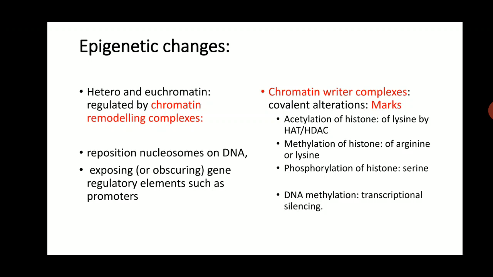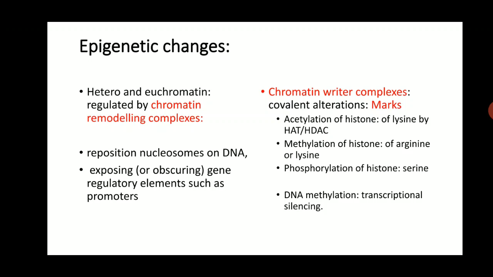Chromatin writer complexes, these are enzymes which lead to chemical modification within the histone. Such chemical modifications are known as marks. The chemical modification may be in the form of either acetylation, methylation, or phosphorylation.